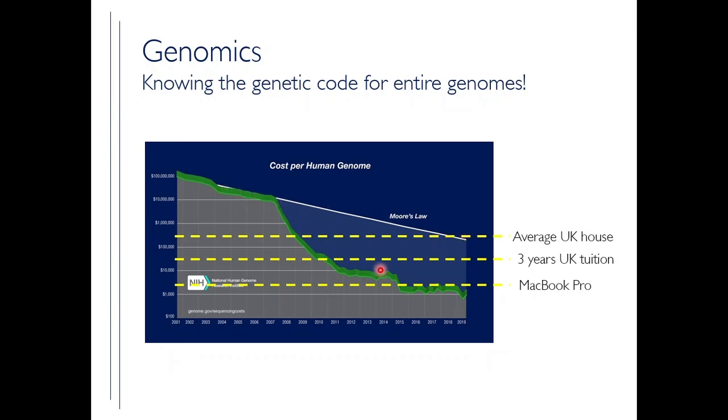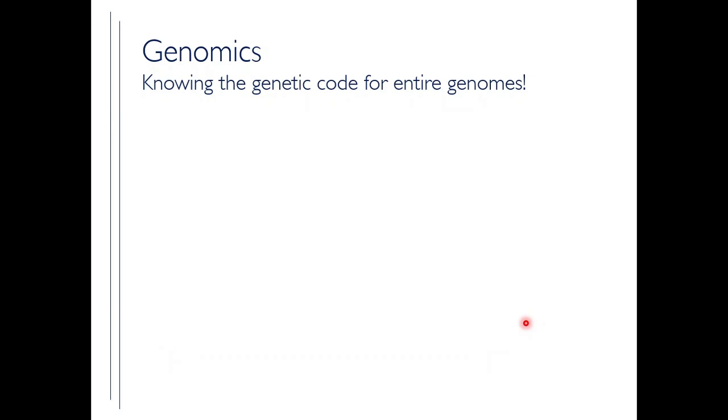But because of this, back in 2019, sequencing your genome actually costs in the region of a high-end computer. And this will continue to fall. So it's pretty rudimentary stuff now, and you can via 23andMe and that kind of thing get your genome sequenced fairly cheaply.